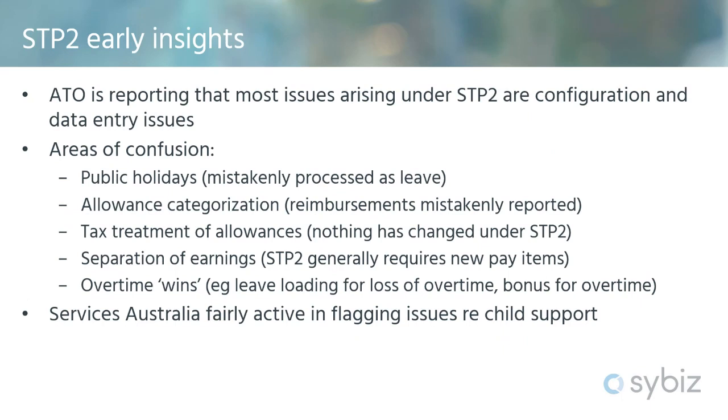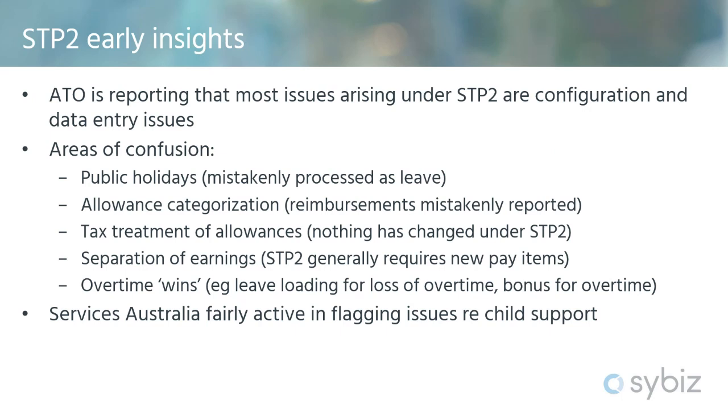So a few of the early insights, we have talked about these previously. Essentially, the ATO is saying around about 90% of the issues that they're dealing with are things being incorrectly reported by employers, or they haven't set up their systems properly, and so that's causing a lot of interaction between the ATO and employers to get those things right.